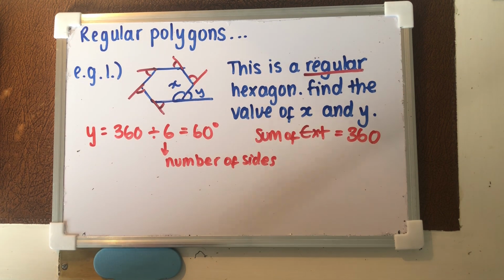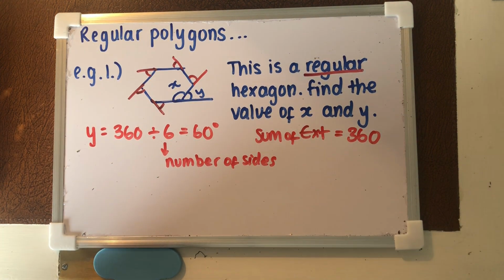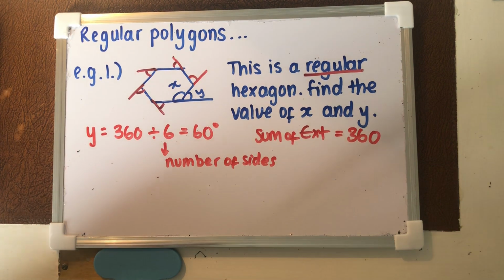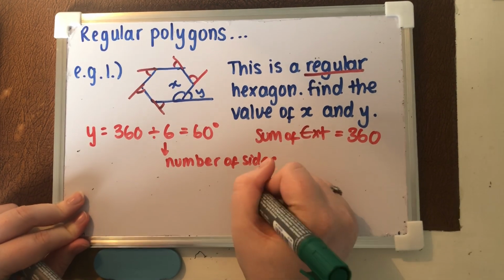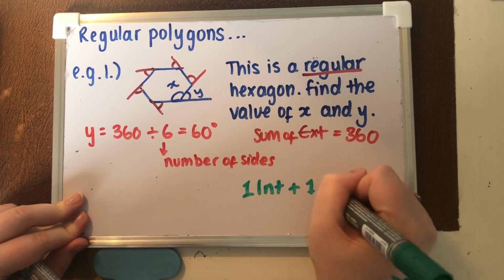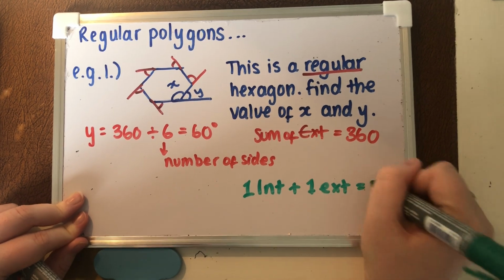Okay, the next one, to find out what x is. Now, there are different ways of doing it. You can do it using the formula n take away 2 times 180 and then divide by 6. A quicker way was the third rule that we wrote down last time: 1 interior plus 1 exterior is equal to 180.